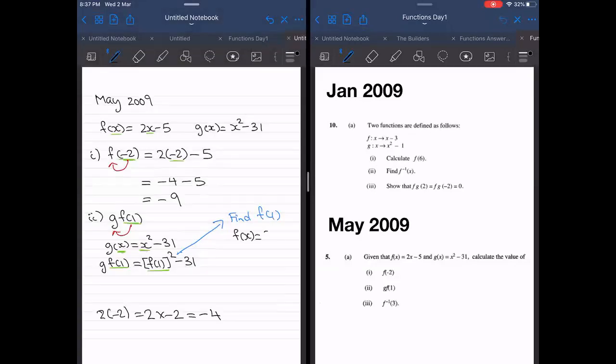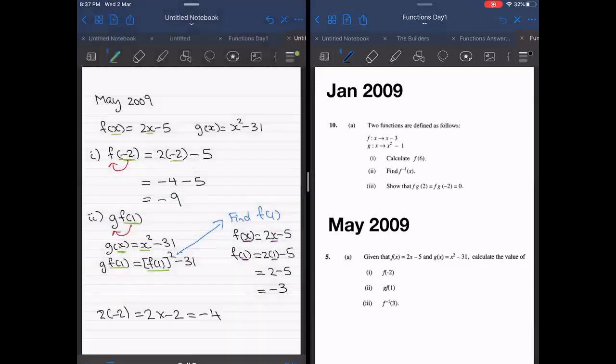So if f of x is 2x minus 5, still messing up the signs, then it means that f of 1 is 2 times 1 minus 5, which is 2 minus 5, which is minus 3. So wherever we see x, we put minus 3.